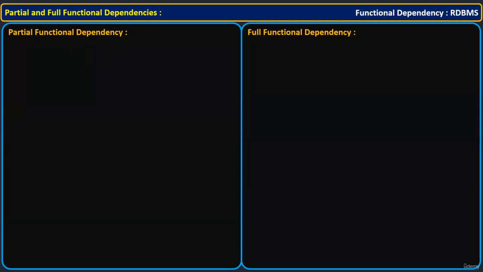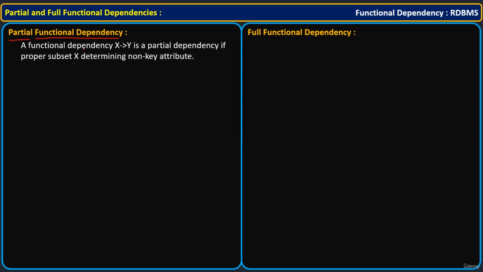So as the name implies, we already know the meaning of functionally dependent: some set of attributes deriving some other set of attributes. So that is functional dependency we see. But what is the meaning of partial? You can see a functional dependency X to Y. X is deriving Y, where X is a set of attributes and Y is also a set of attributes.